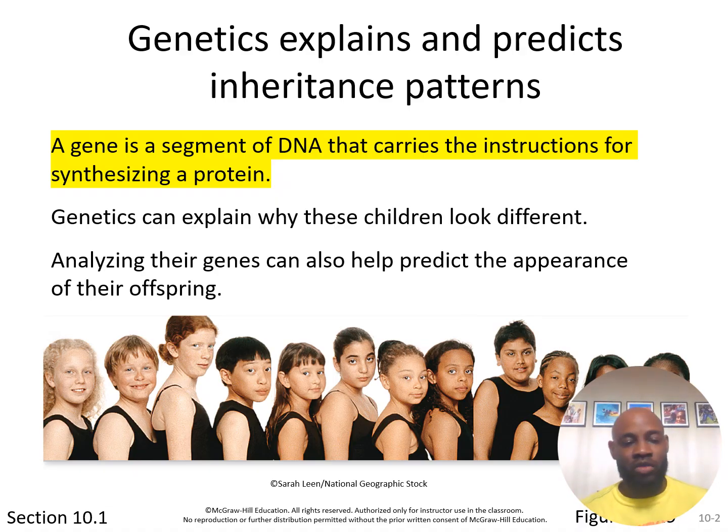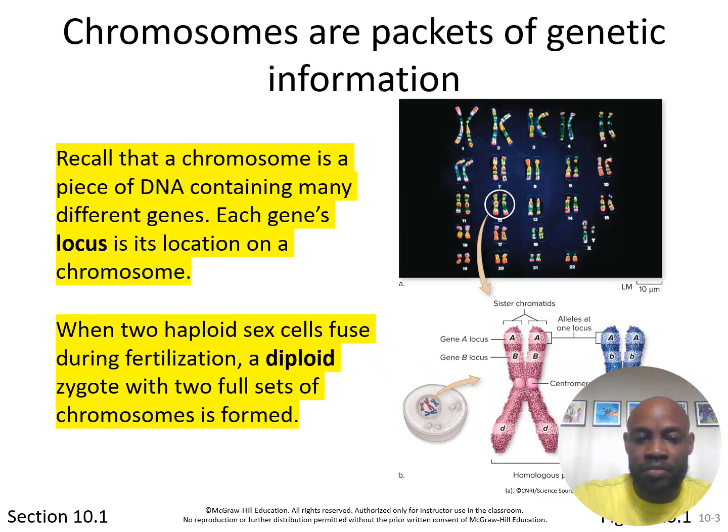Proteins are sort of like the building blocks of the body. We look at the study of genetics, see the word gene in genetics, to study how genes are transferred from parent to child and how genes are expressed in the offspring.